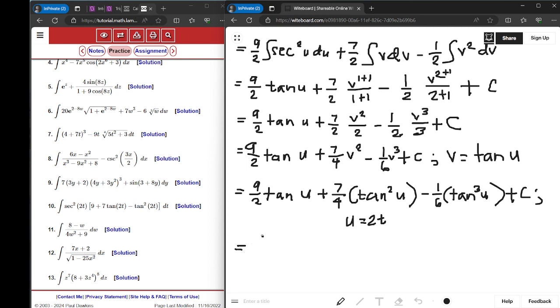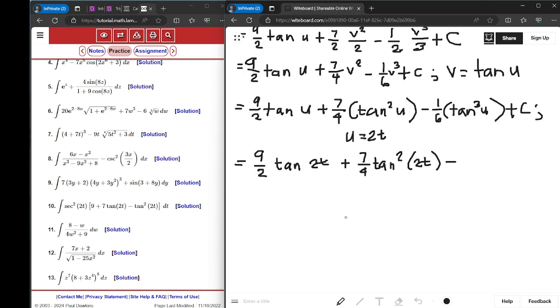So this is now 9 over 2 tangent of 2t plus 7 over 4 tangent squared of 2t minus 1 over 6 tangent cube of 2t plus c.